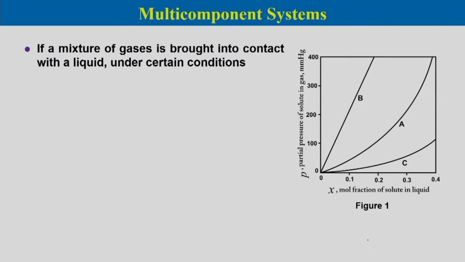Now, if a mixture of gases is brought into contact with a liquid under certain conditions. So far we have considered the single gas, and we have seen how the solubility changes with change in pressure at a particular temperature, and how the solubility changes with the temperature at a particular pressure.